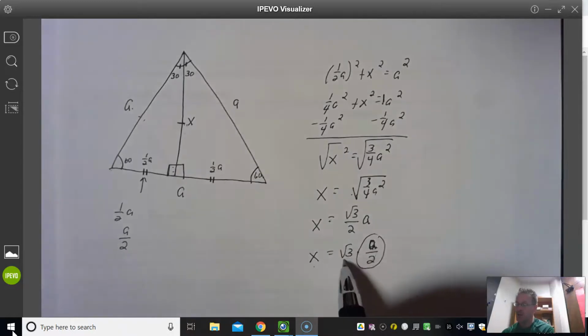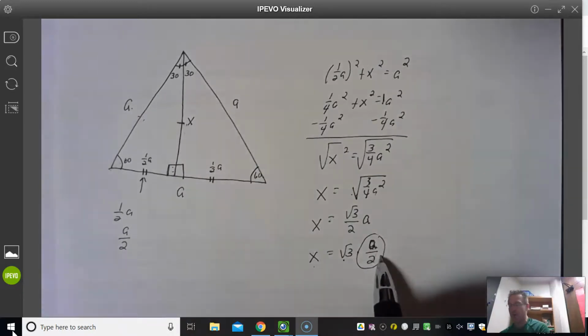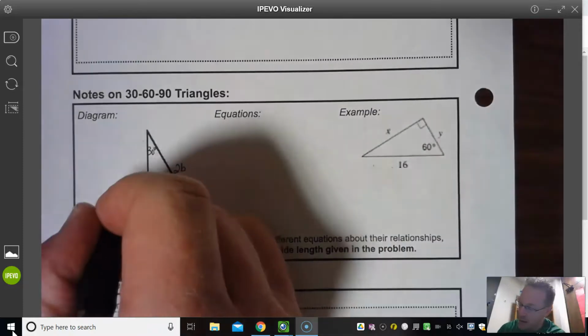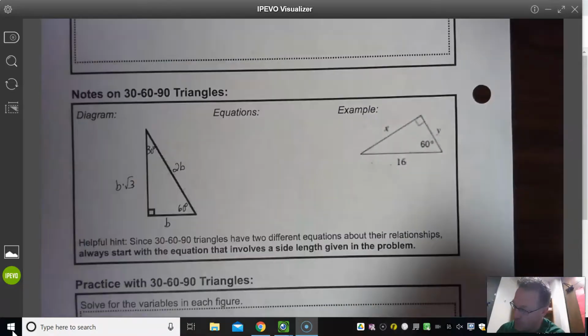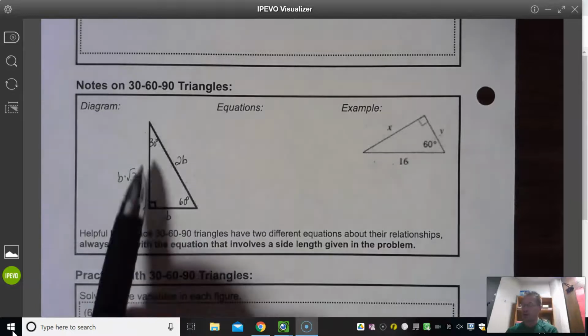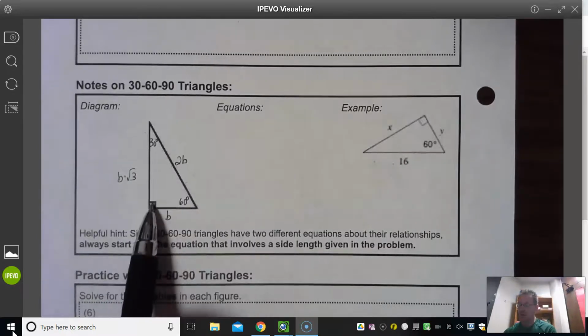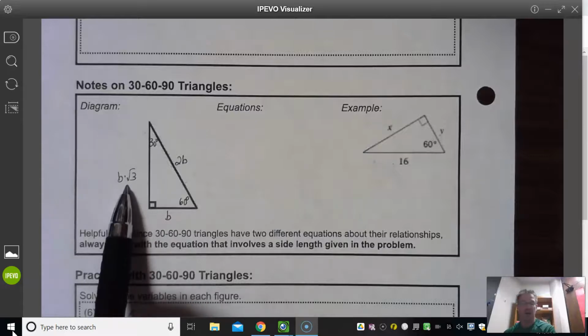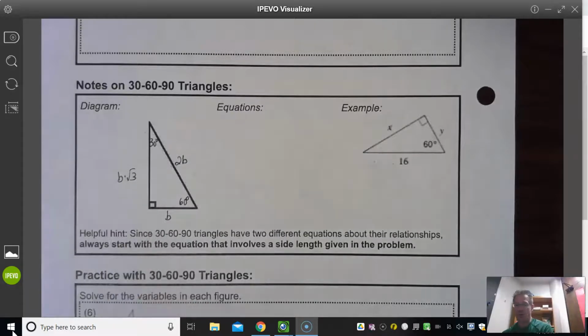It's always going to be √3 times bigger than the side opposite 30. So we're going to label that as B times √3. So that's your relationships: the side opposite 30 is B, the hypotenuse is going to be twice as large, and the side opposite 60 is B √3.